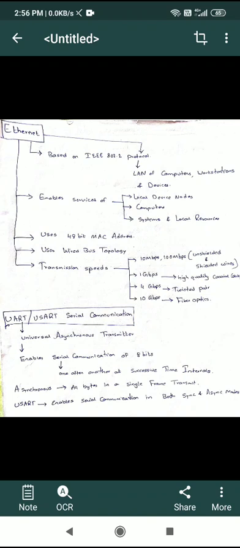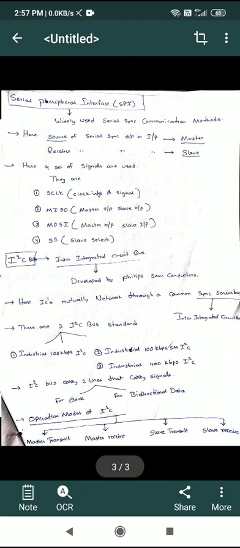Synchronous means one after another, which is serial. Asynchronous means all bytes are transferred in a single frame. This is about UART and USART.